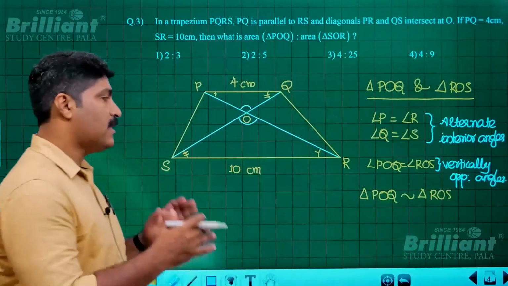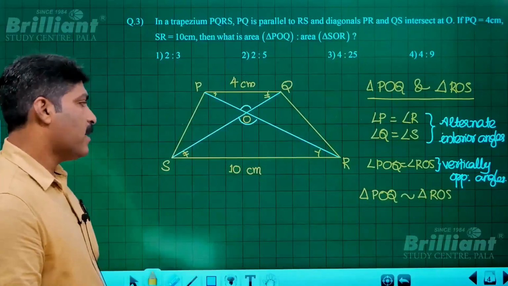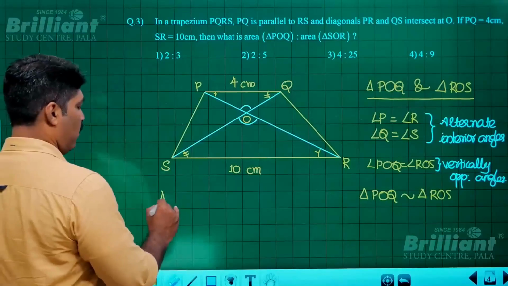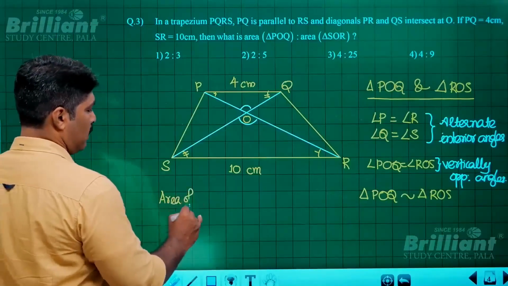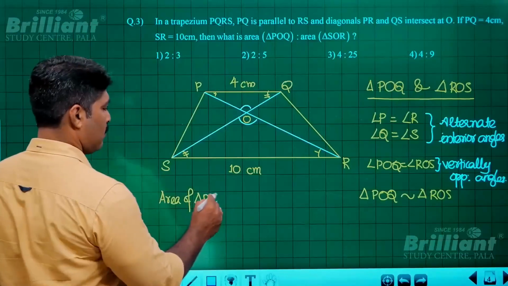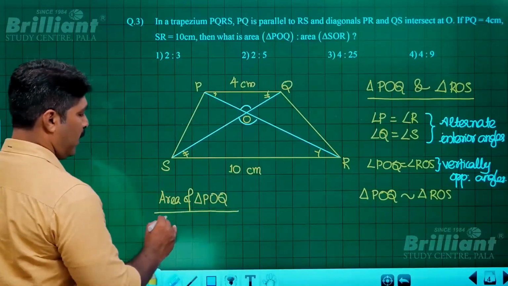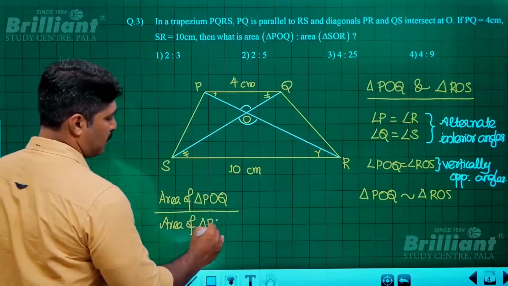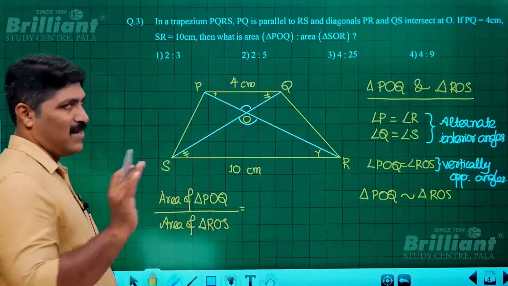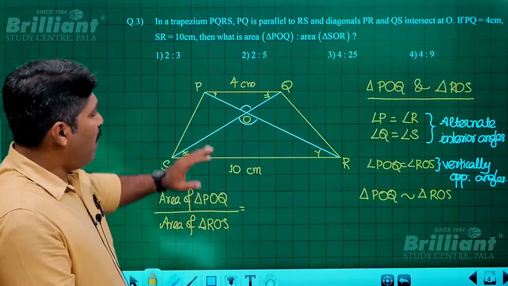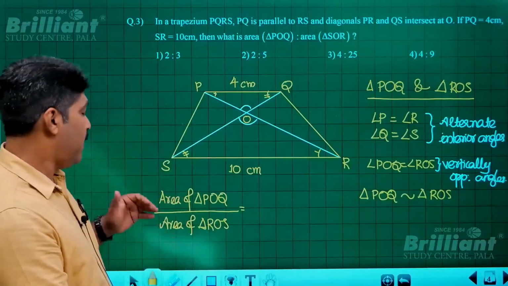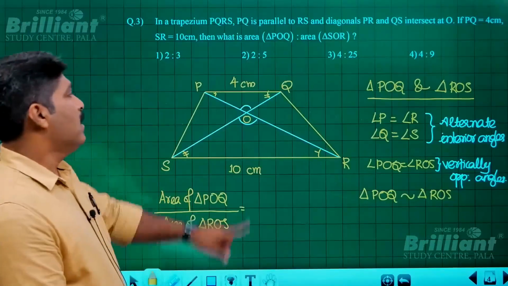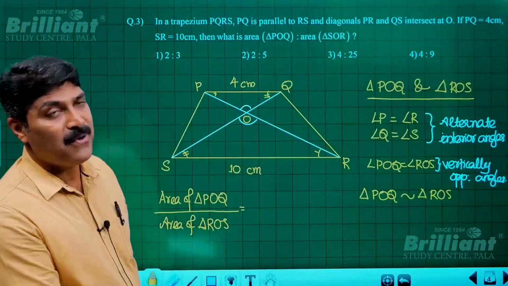If two triangles are similar, then what can we conclude about the ratio of their areas? Here, area of triangle POQ is to area of triangle ROS. So that is the tricky concept. If two triangles are similar, then their areas will be in the ratio that is equal to the ratio of the squares of their corresponding sides.